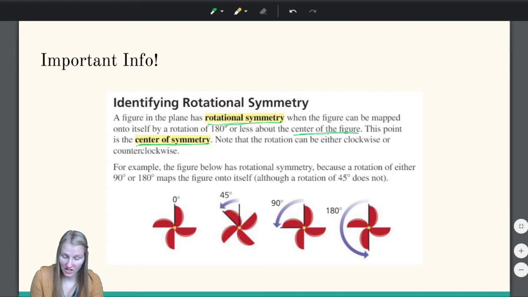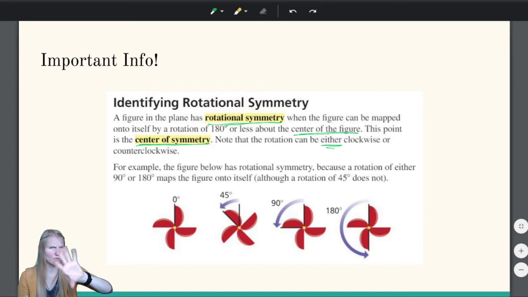And note that this rotation can be either clockwise or counterclockwise. Typically, we will look counterclockwise, but when it comes to rotational symmetry, it doesn't really matter, because if it has rotational symmetry counterclockwise, it will have rotational symmetry clockwise.